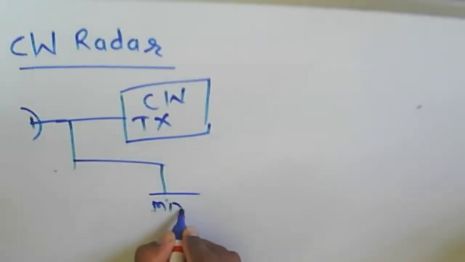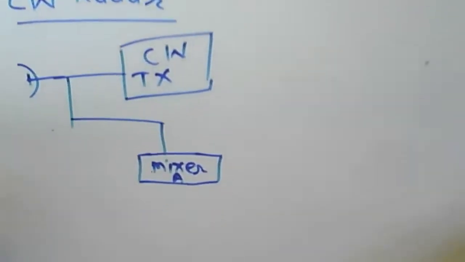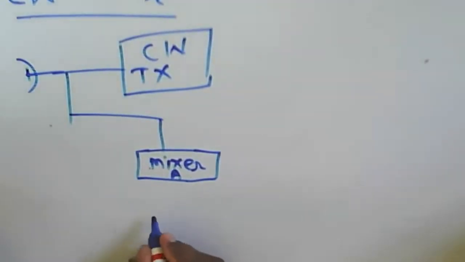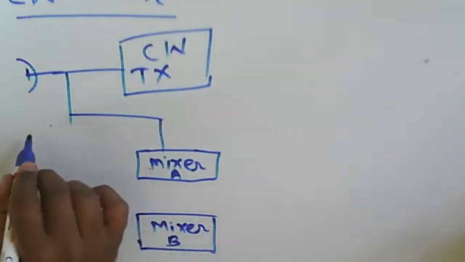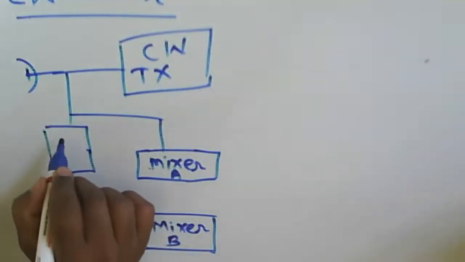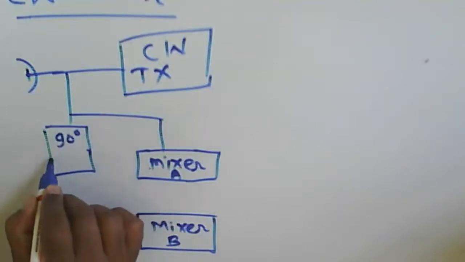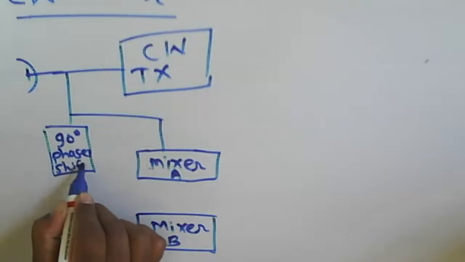This one is about a mixer here, mixer A. Then another mixer we're supposed to use, mixer B here, and we can consider here a change in the phase shift, that is about a 90-degree phase shift.